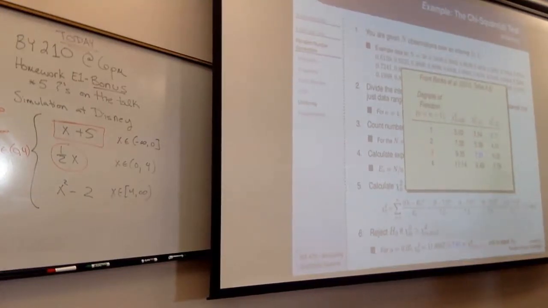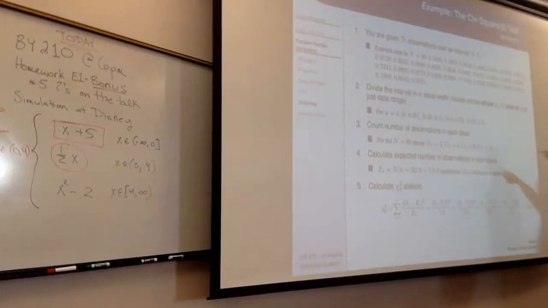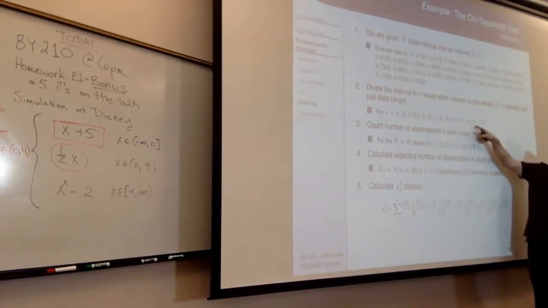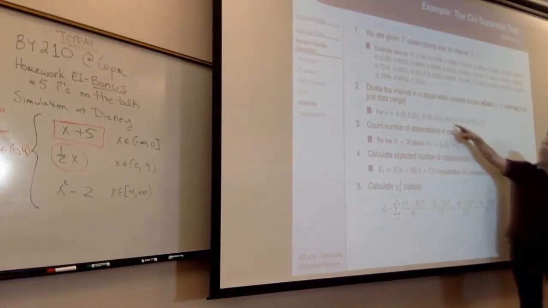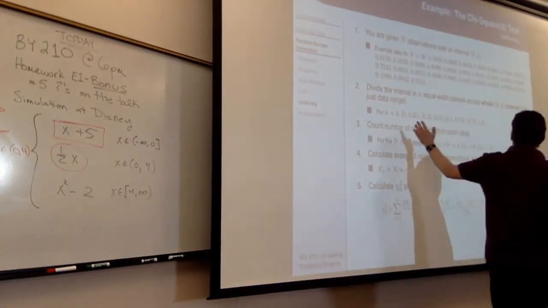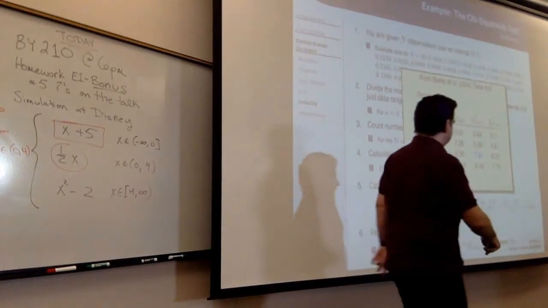So this deviates far more than our expected counts, so we reject uniformity. And that should make sense if we look at it. 15 of these fell in the interval from 0.75 to 1, and 8 from 0.5 to 0.75, and hardly any in these. So it really doesn't look very uniform, and that's exactly what the test is.